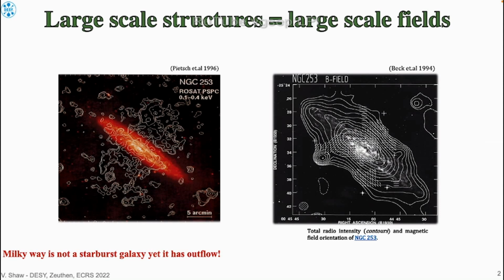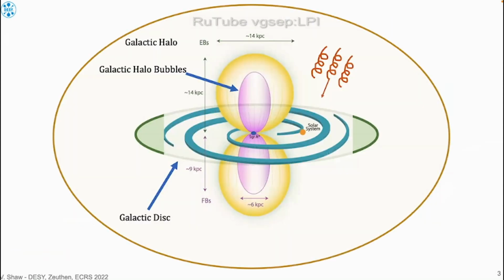Of course, it's important to note that if you have such large-scale structures, then that implies that you will also have large-scale fields. And if you visualize a caricature of our galaxy, here we have the bubbles in the center, and then you have the galactic disk, and you have a large galactic halo, and you have some extragalactic cosmic rays coming into the galaxy.